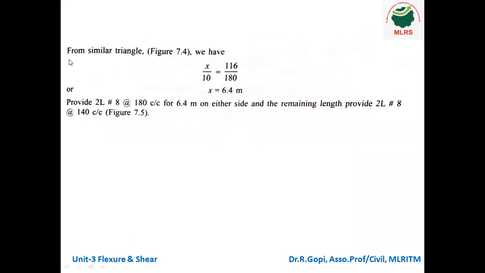From similar triangle, x by 10 equal to 116 divided by 180. We got x equal to 6.4 meter. So provide two-legged 8 mm dia stirrups at 140 mm center to center for 6.4 meter on either side, and in the remaining length provide two-legged 8 mm dia stirrups at 180 mm center to center.